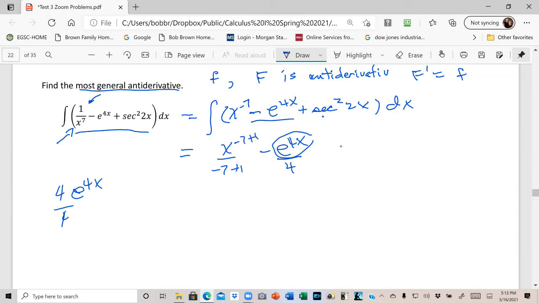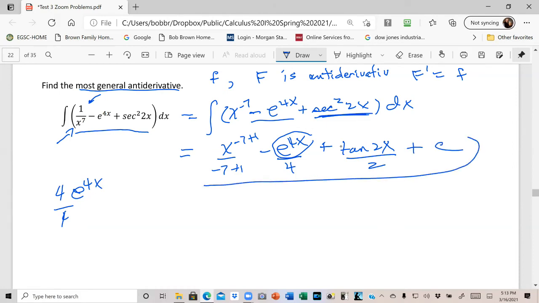The antiderivative of secant squared of 2x is tangent of 2x divided by 2. Here we're taking into account the chain rule, and then we add a constant. So this is the answer.